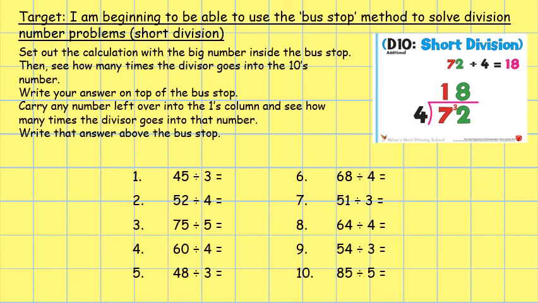Set out the calculation with the big number inside the bus stop. Then see how many times a divisor goes into the tens number. Write your answer on top of the bus stop. Carry any number left over into the ones column and see how many times the divisor goes into that number.